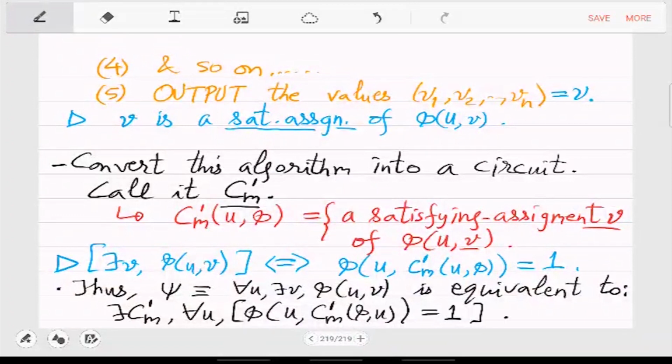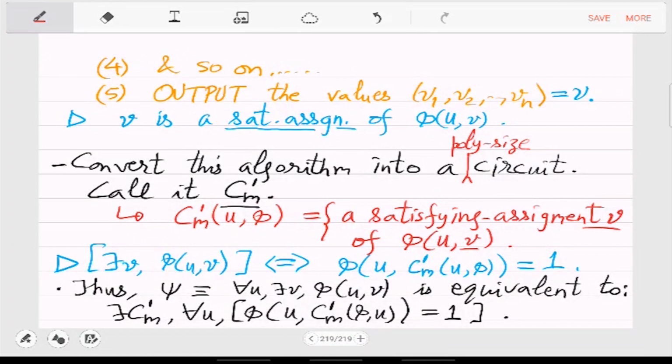Okay. So this is the beauty of the circuit. What it has done is it has flipped for all there exists to there exists for all, because now this there exists is acting on circuits which are not too big, right. C_m prime is only poly-sized, let me mention that. So C_m prime is a poly-sized circuit which you are looking for. If that exists, then no matter what u is, for all u, the output of C_m prime will force phi to accept.